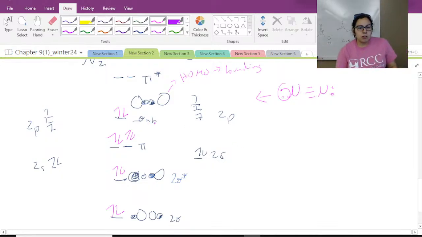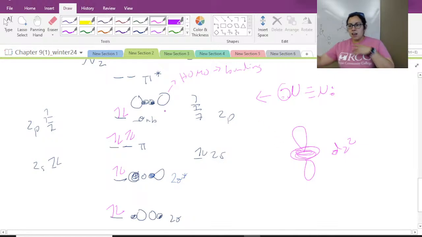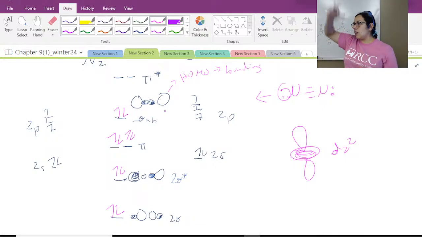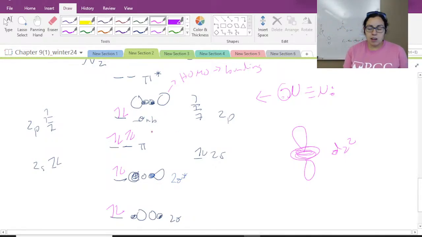You'd probably need a d orbital to be in phase. If you have a d orbital, say dz squared, maybe it could align. You just use the pictures: does it match up? Could it align? Then you go into the MOs and see if the electrons match and all that. But that's roughly where we're going.